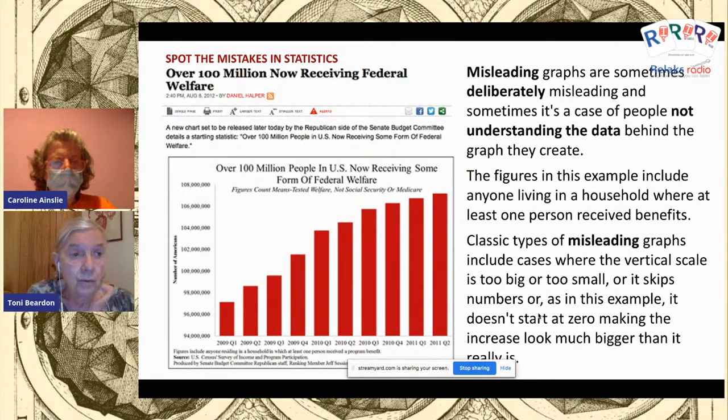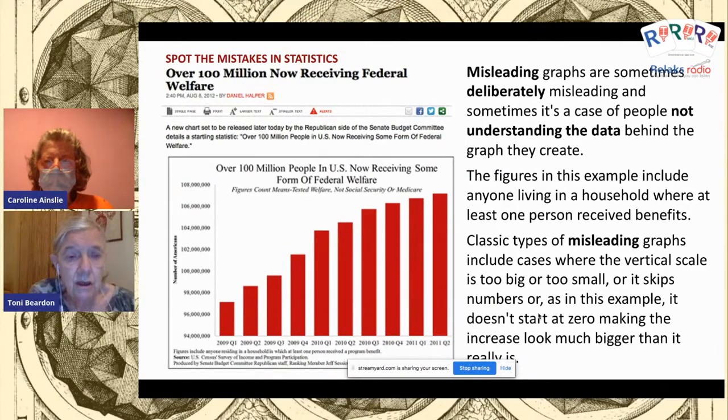I've chosen one example here, and the heading is "Over 100 million people are now receiving federal welfare." This was produced in 2011 in the United States. What you see there is a bar chart with bars for different questions being asked in 2009, 2010, and 2011.